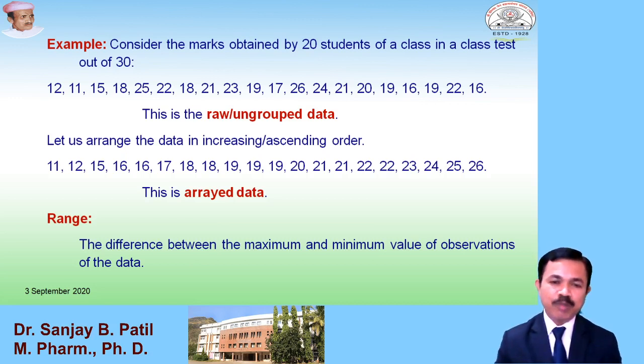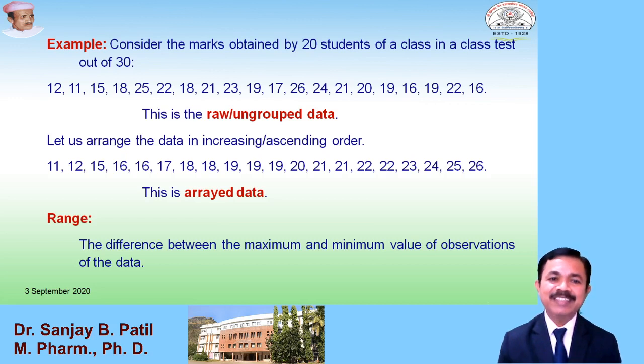Consider the marks obtained by 20 students of a class in a class test out of 30. And these are the marks obtained by 20 students: 12, 11, 15, 18, 25, 22, 18, and so on. So this is the raw data or ungrouped data.